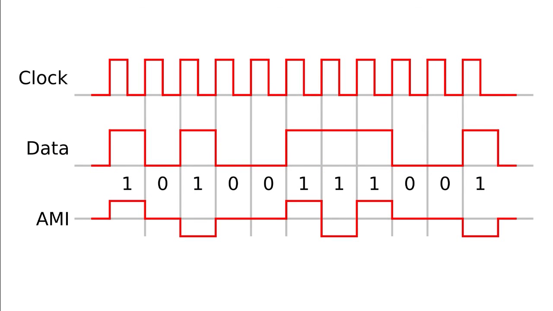So, and I ripped this off Wikipedia, but let's take a look here and say this is my clock. So every time interval, we're taking a measurement of our signal. So in this case, our data is 1, 0, 1, 0, whatever. With AMI, instead of staying positive, we alternate.